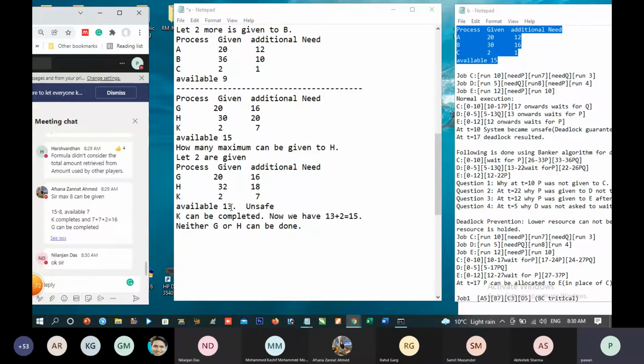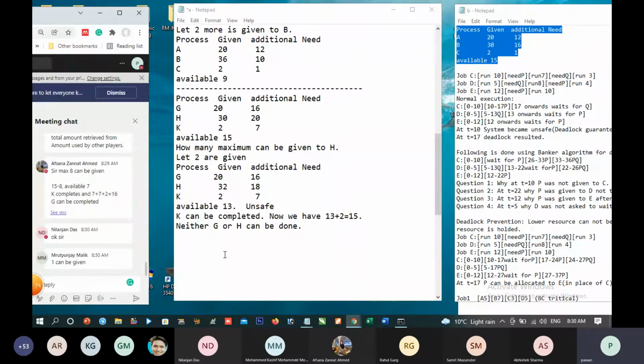Now, with 13, we can complete K. We shall have 13 plus 2, 15. Afterwards, nothing can be done. Do you agree? Yes. At most, one can be given. Fully correct.